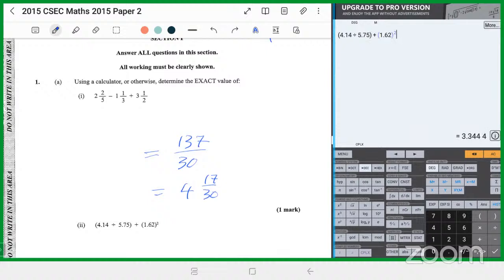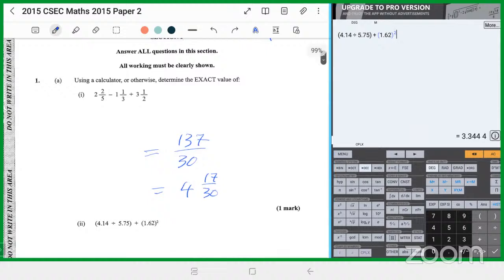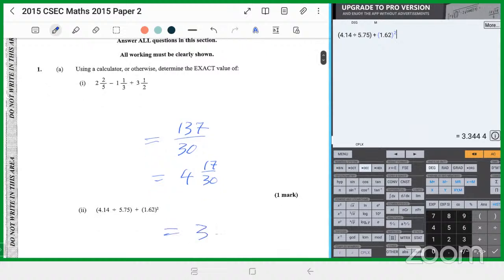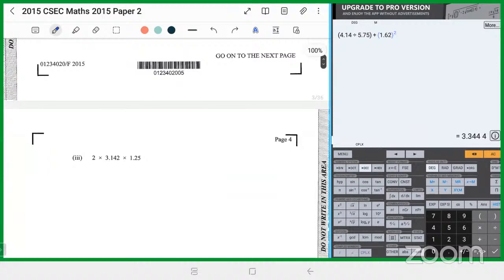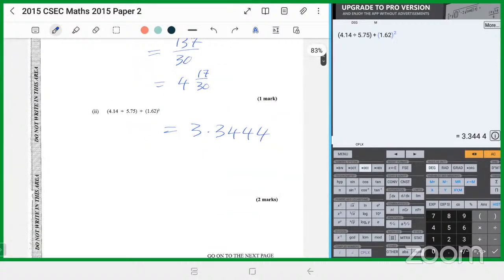And we're getting 3.3444. Give it exact because the question said exact. All right, that's that. Next question, all of them exact. Let's make sure now. All of them exact. So many of them they give this time.